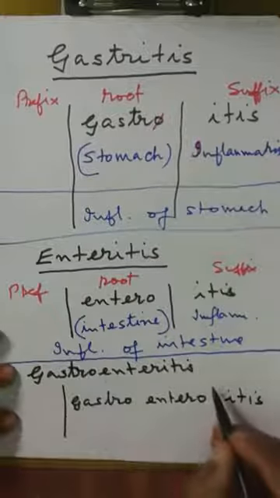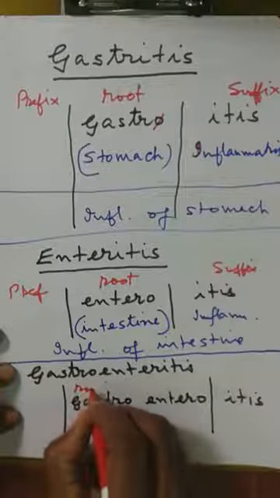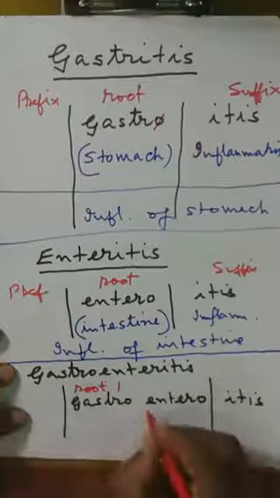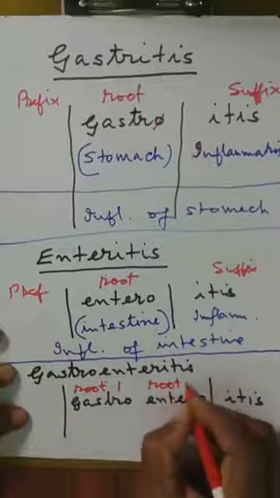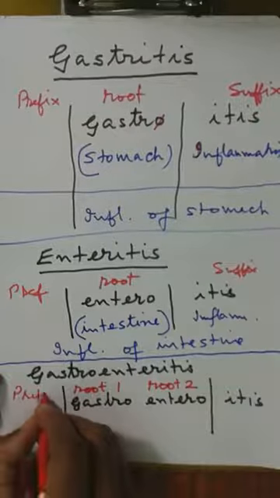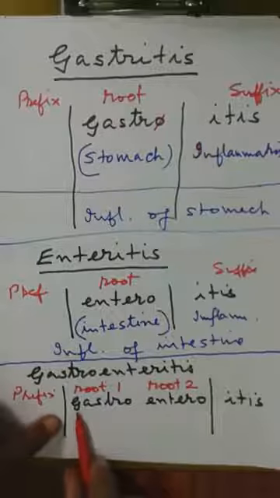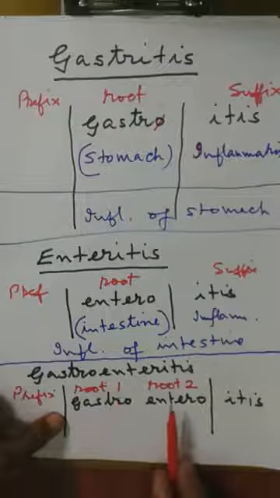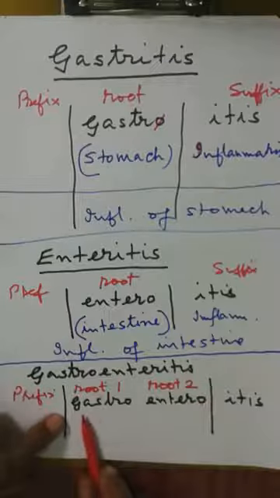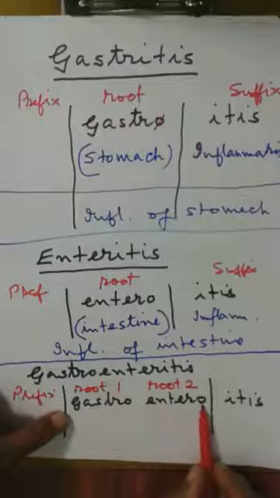There are two roots. This is root 1. This is root 2, and no prefix. So when we join root 1 and root 2 together, it will be gastroentero.